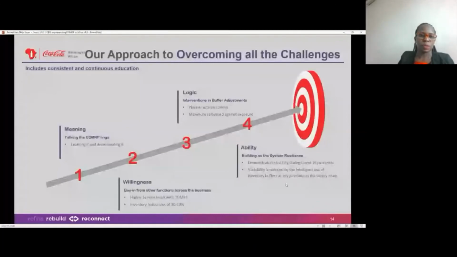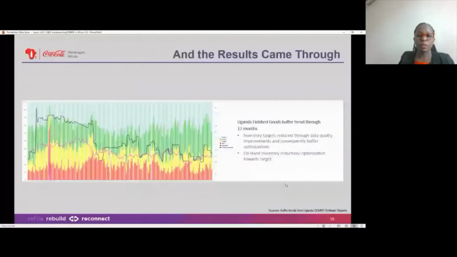Moving on, we'll look at the results that came through. That dark black line is our target inventory. Then the purple line running across is the on-hand inventory that we are holding. So for the last 12 months of our finished goods, this is a buffer trend for our DDMRP system.